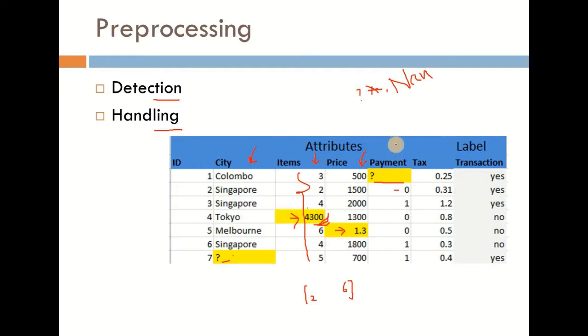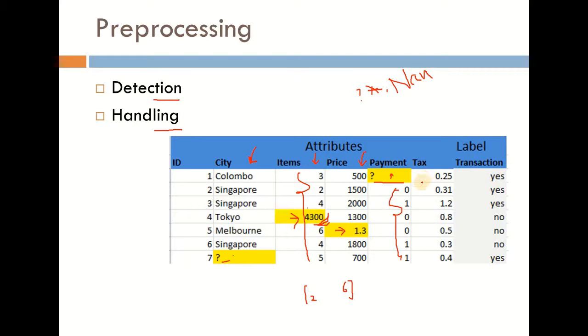The next column is payment. For payment, we can see that the values are zeros and ones. Now this is a binary attribute where 0 means that the payment is not being made, while 1 means that payment is being made. Again, in order to identify this missing value, the nature of this attribute is going to play a role.